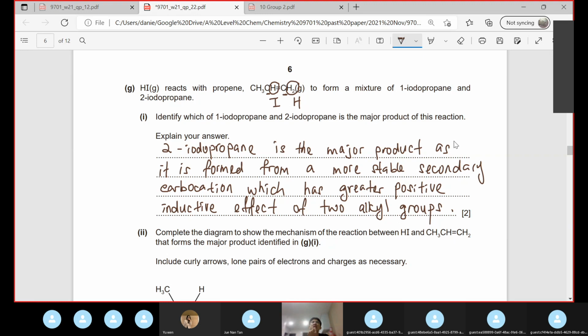SN2 doesn't involve the formation of a cation, but it has a complex form of the carbon with negative charge. SN2 is one step. So 2 marks here.